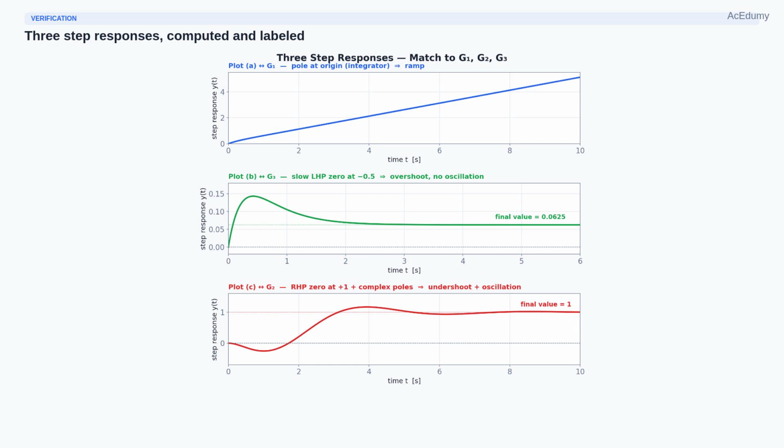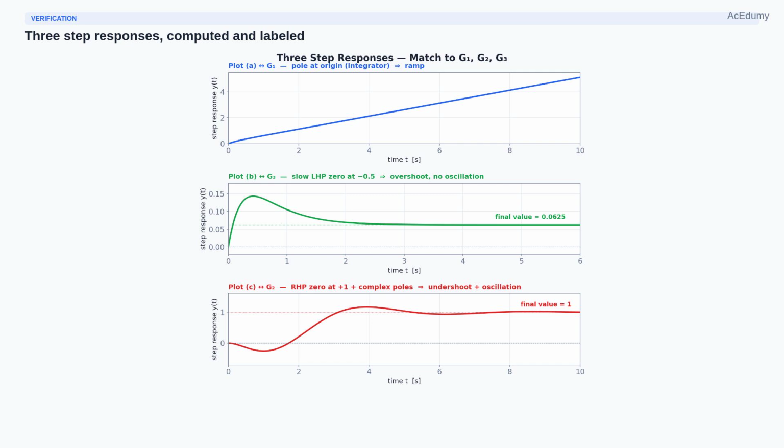No dip, no oscillation. Confirms the slow left half plane zero, kicking the transient up. g2, plot C. Initial dip below 0, climb past 1, oscillation around the final value of 1, slow settling. Confirms right half plane zero plus complex poles.